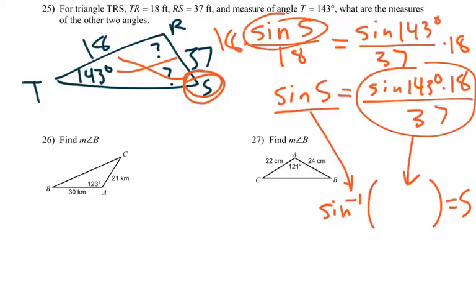Now you can type it in your calculator just like that, or you can figure out this piece first. But I like to make the calculator do all the work, so I actually type it in like this. I will take a picture to show you how I typed it in. Now I look at my calculator, notice it's in radians, so I use the degree symbol so I don't have to worry about changing it.